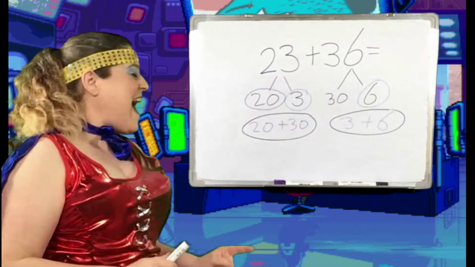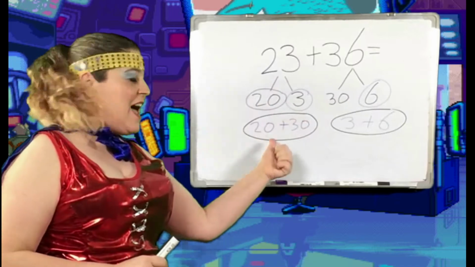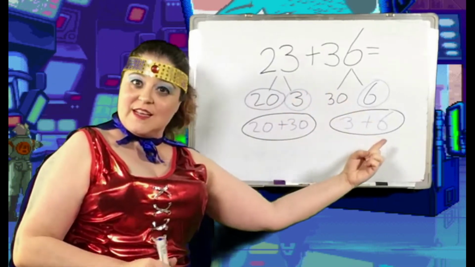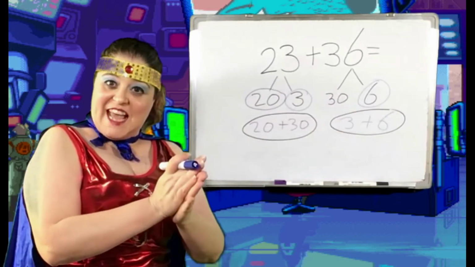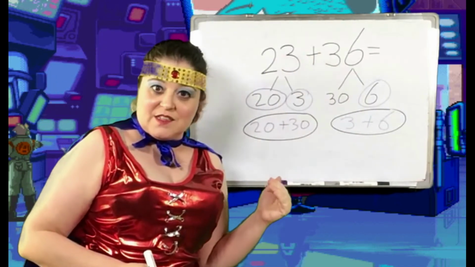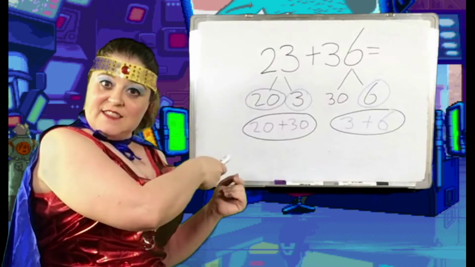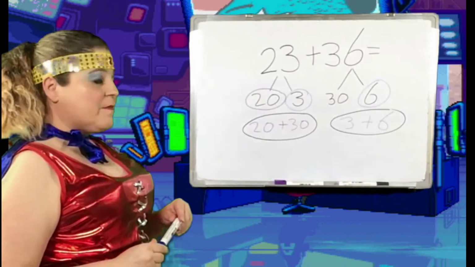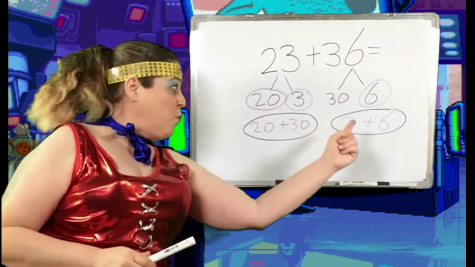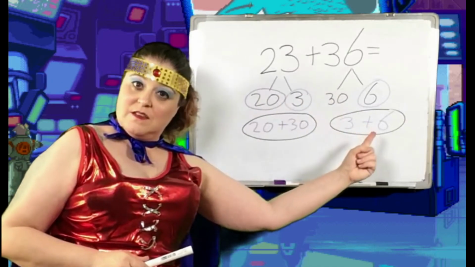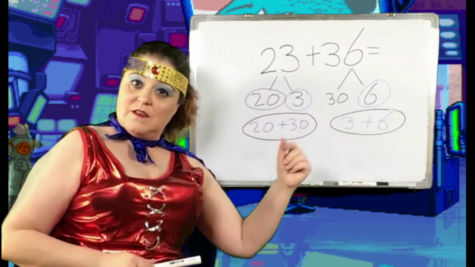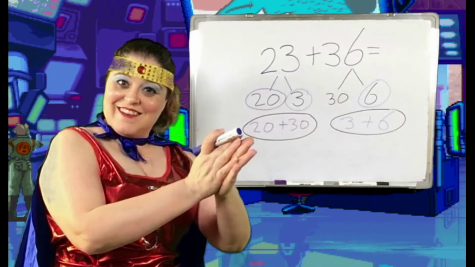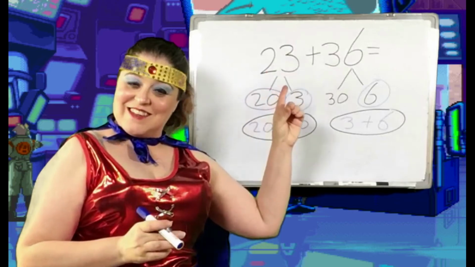All right, now add. Add the tens, add the ones, put them together, and that's your answer. So add the tens, add the ones, put them together, and there's your answer.